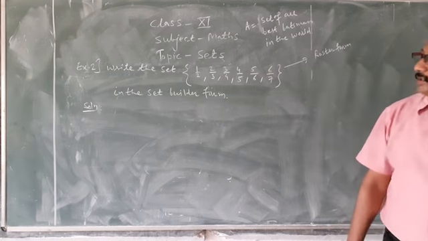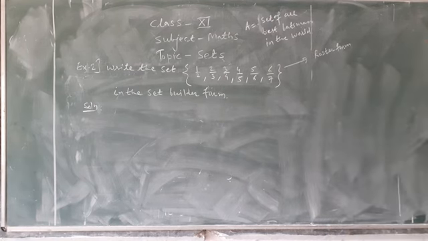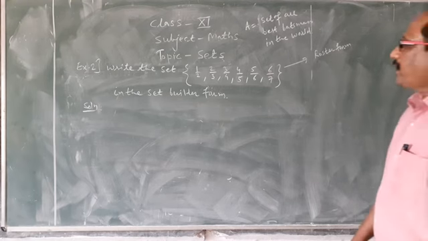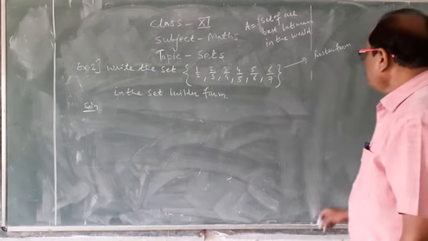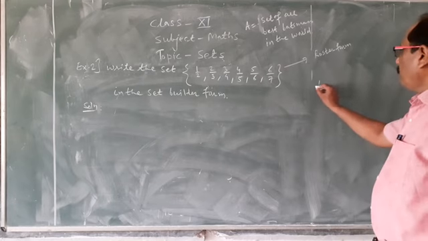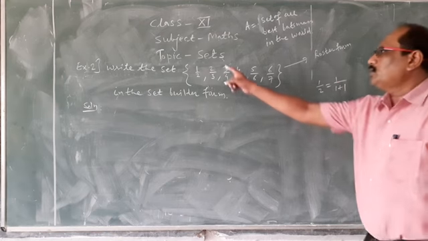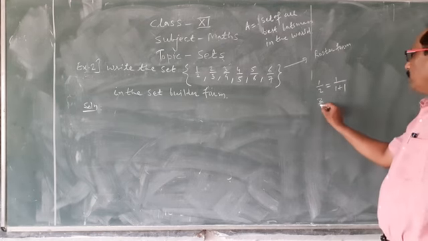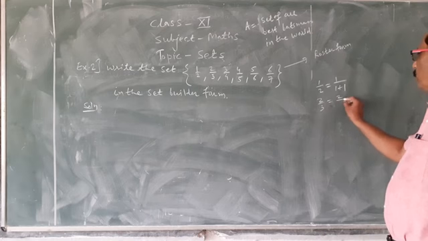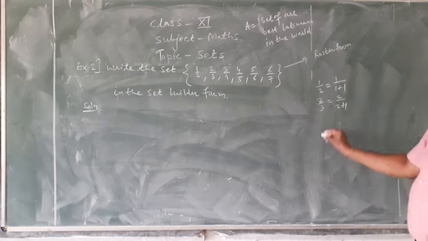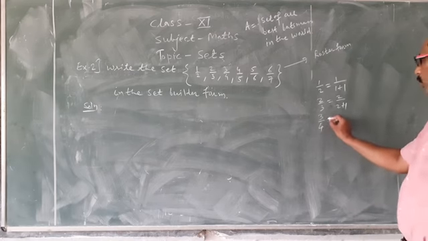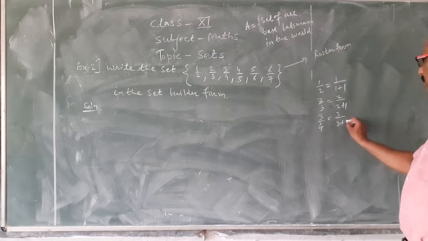Set builder form means we have to write the explanation of the set. What will be the explanation of the set? Here 1 upon 2, we write 1 upon 1 plus 1. What is 2 upon 3? 2 upon 3 we write 2 upon 2 plus 1. Then 3 upon 4 means 3 upon 3 plus 1.